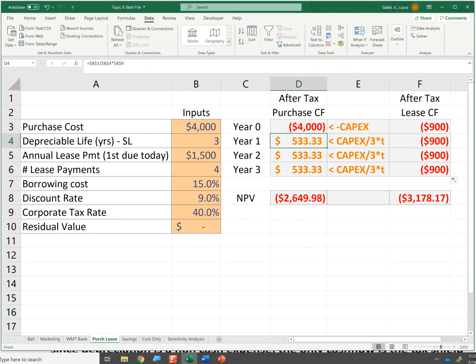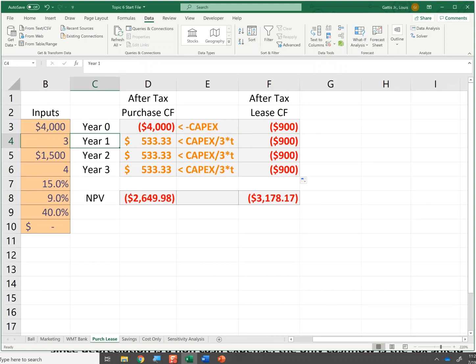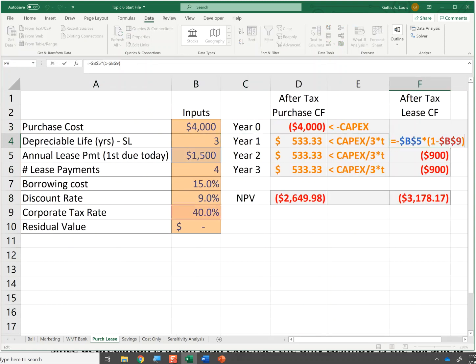Now, there's a confusion a lot of people have. Why do I take depreciation expense times the tax rate, but I take my lease expense times 1 minus the tax rate? All right. Well, that's a good question if you had that, because depreciation is not a real expense. The only effect is the tax savings, which would be the depreciation expense times the tax rate.